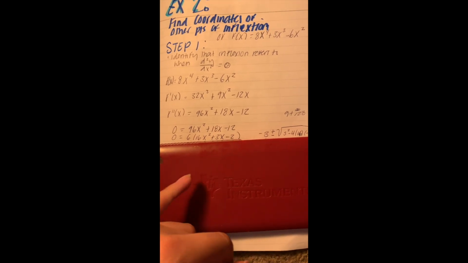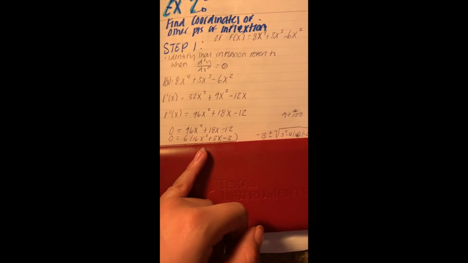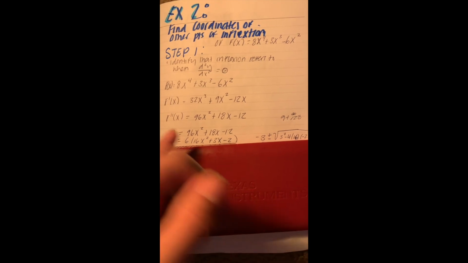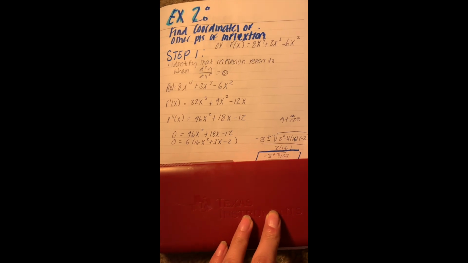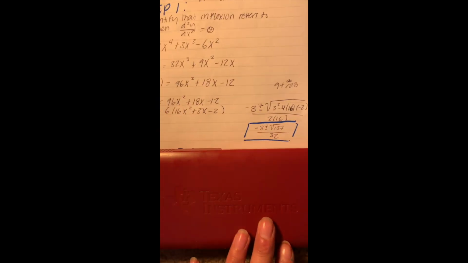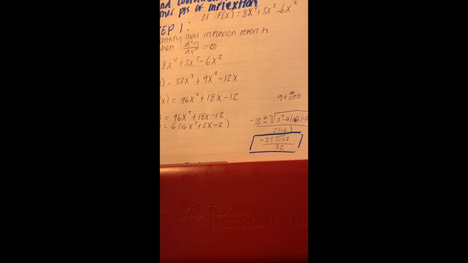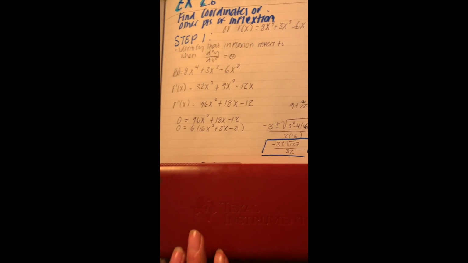It's going to be a quadratic, but it isn't going to be factorable, so you have to use the quadratic formula. Once you use it, you get that it could either be negative 3 plus the square root of 137 over 32, or negative 3 minus the square root of 137 over 32.